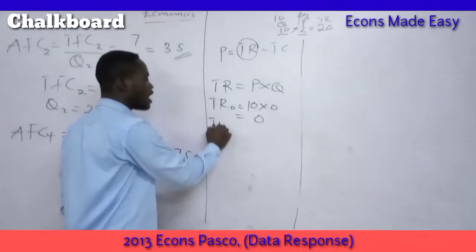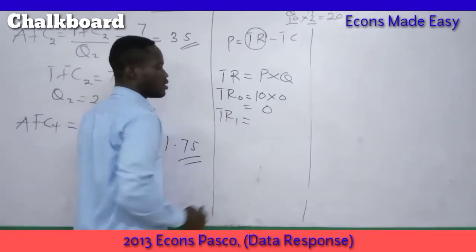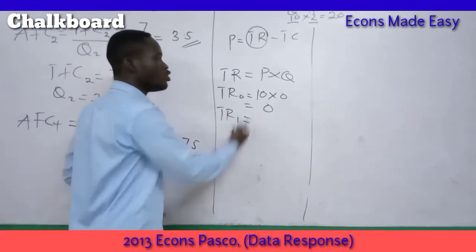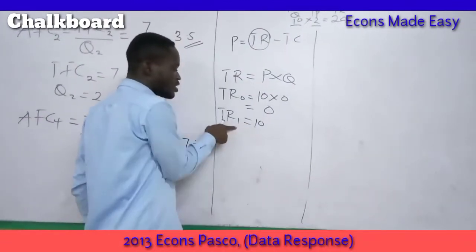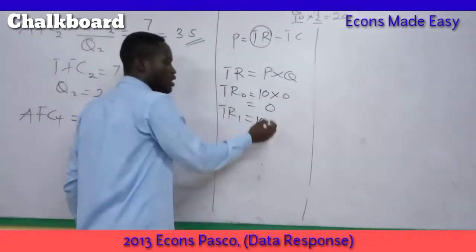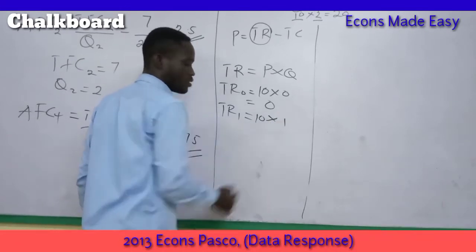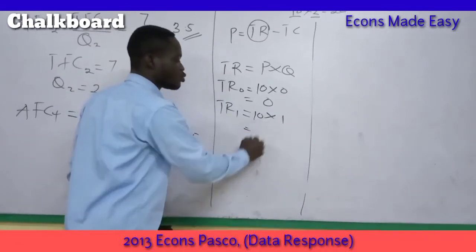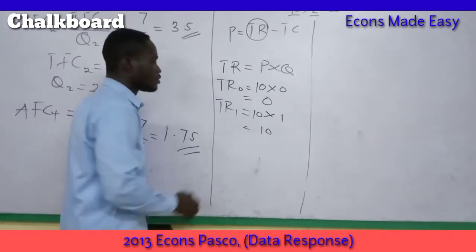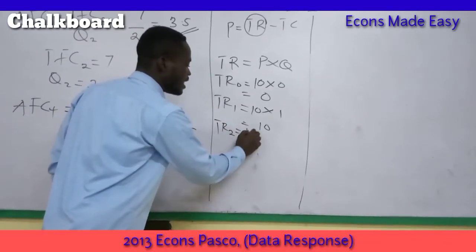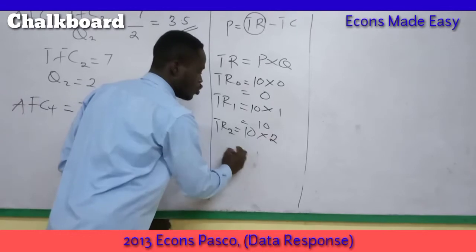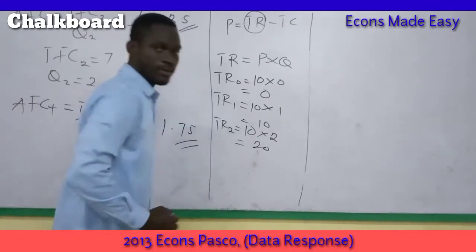Now let's go to total revenue of output 1. We know our price already to be what? 10. And our quantity, since we are dealing with total revenue of output 1, will be 1. So 10 times 1 will be 10. Now our total revenue for output 2 will be 10 times 2, which is 20.